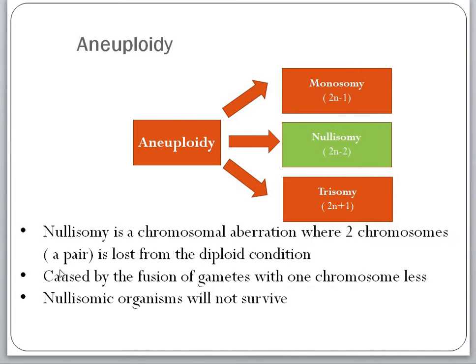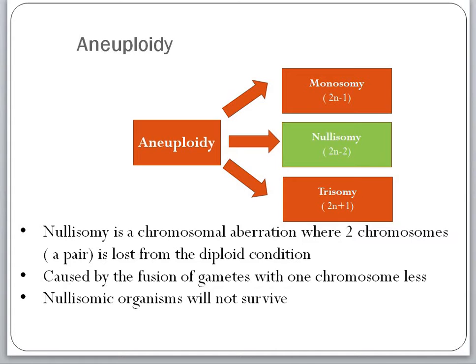The second type of aneuploidy is called nullisomy. Nullisomy is a chromosomal aberration where two chromosomes are lost from the diploid condition. That is 2n minus 2. This is caused by the fusion of gametes where one chromosome is less.